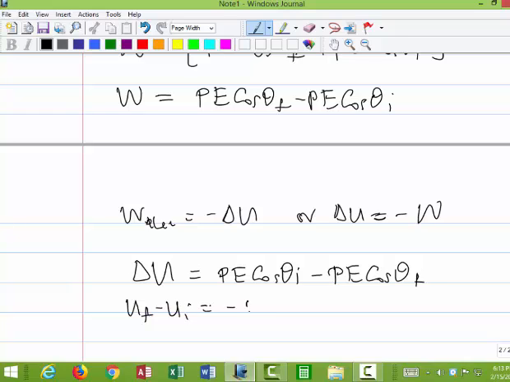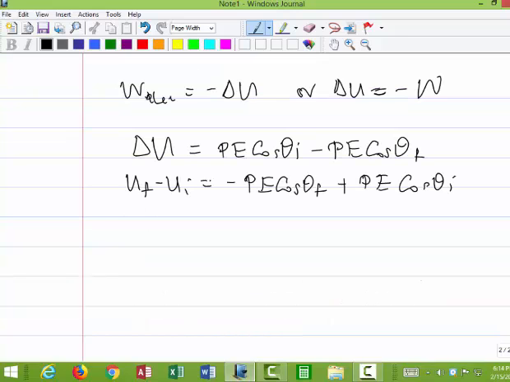So I'll put the negative final in front here, and then I'll put the initial one back here. We can compare both sides, and typically we assume that the reference point is the initial, and at that point the energy is zero.